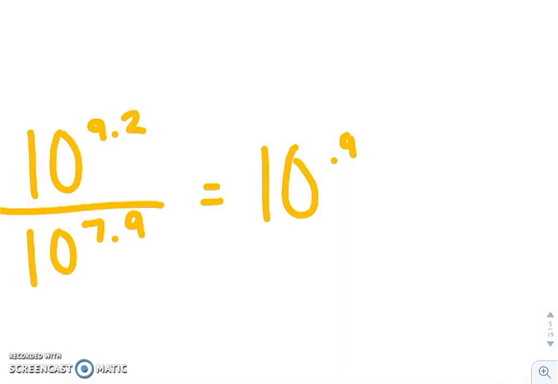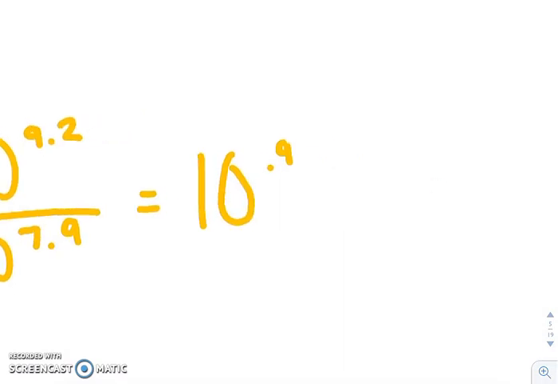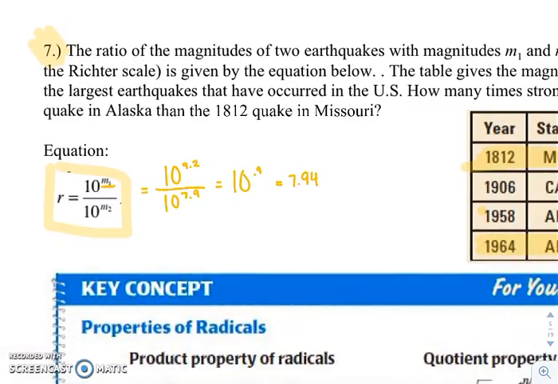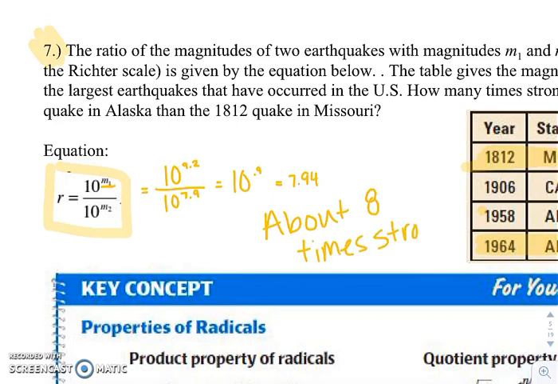And if we really want to value, 10 to the 0.9, or 9/10 power is about 7.94. So we're going to say about 8 times stronger. The Alaska one was versus the one in Missouri.